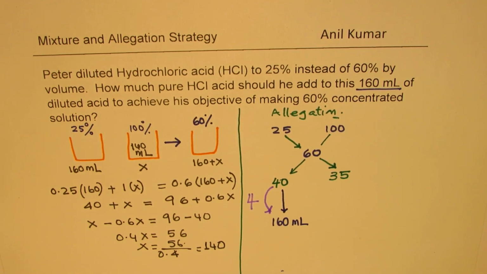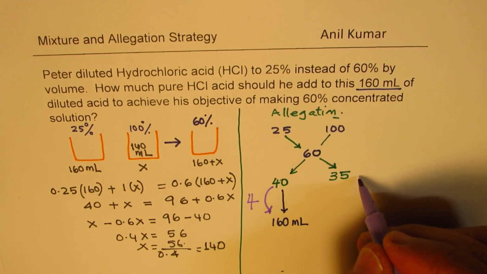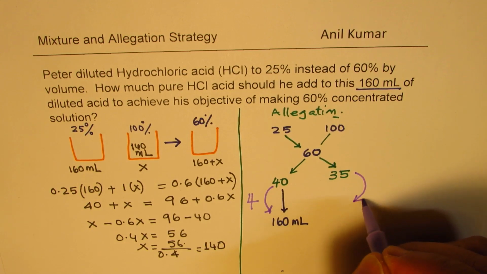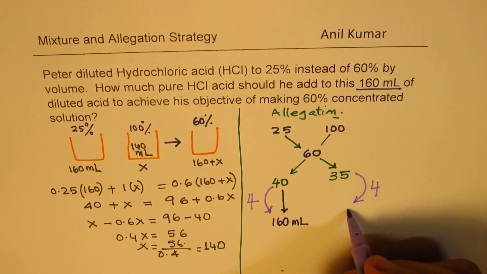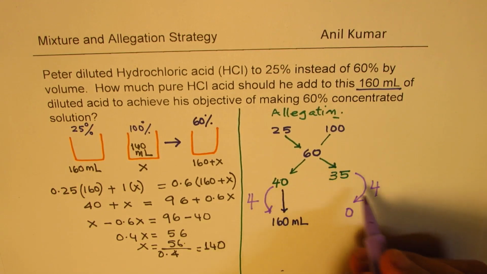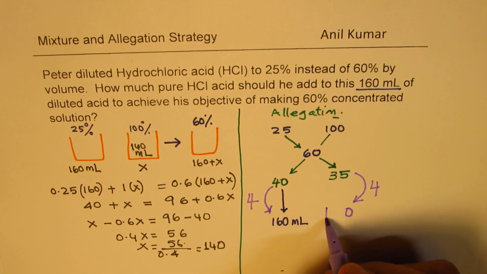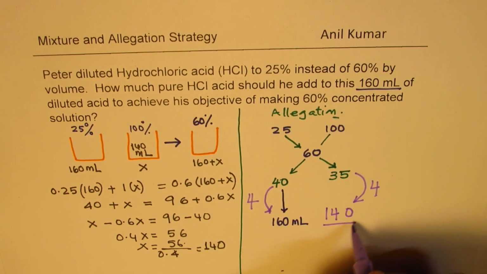Only then you get 160. So you have to multiply the other number also by 4, the same ratio. When you multiply this by 4, 4 times 35 is 140, and that becomes 140.